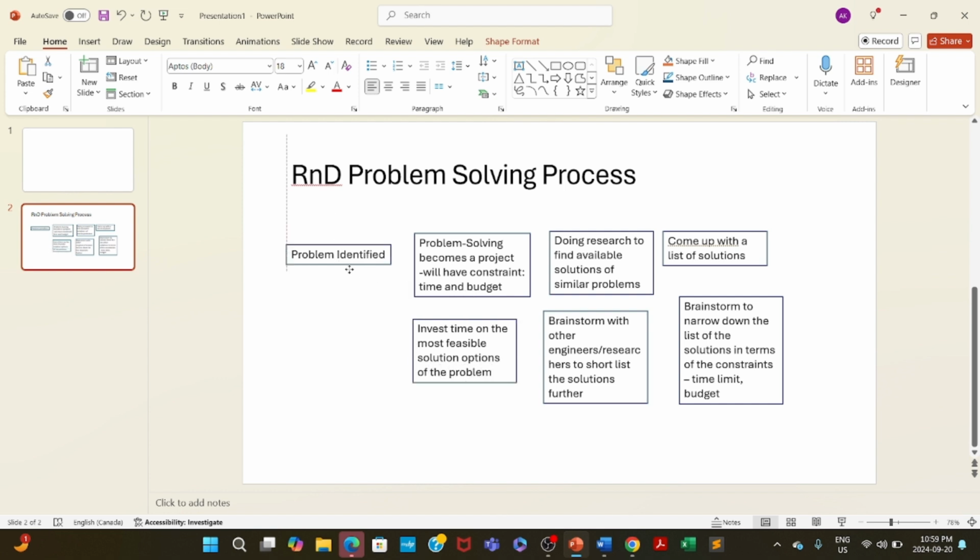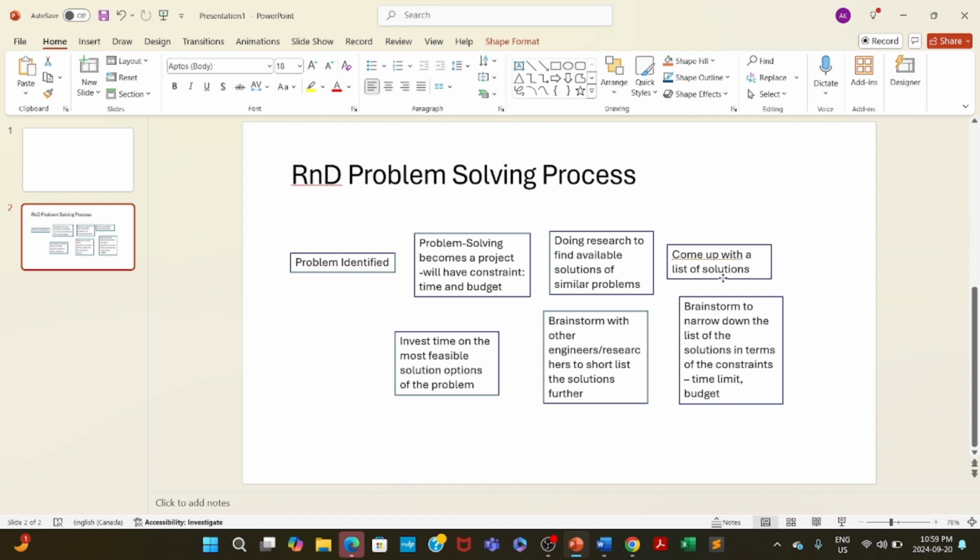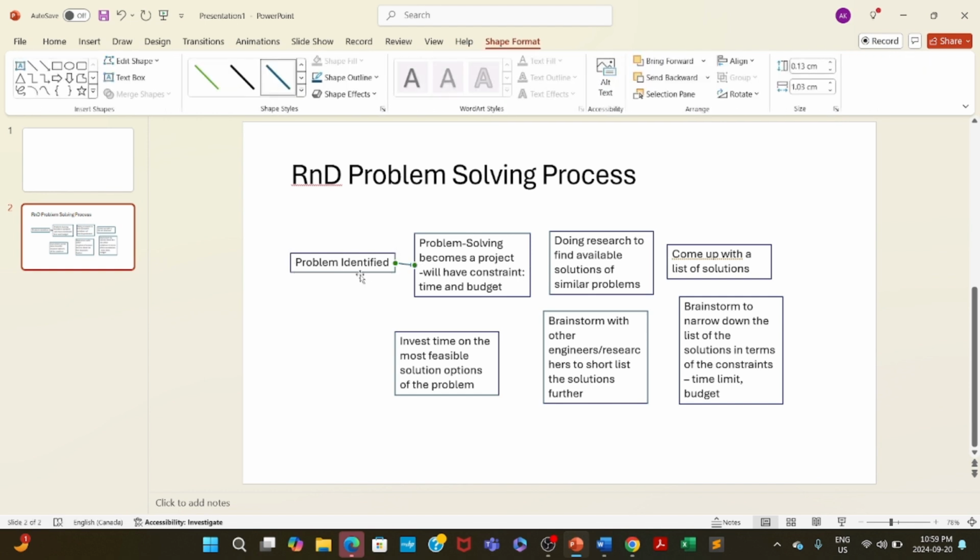Okay, these are kind of the steps, right? Let's just quickly connect them. In Visio, this is super easy. It's not that easy here.